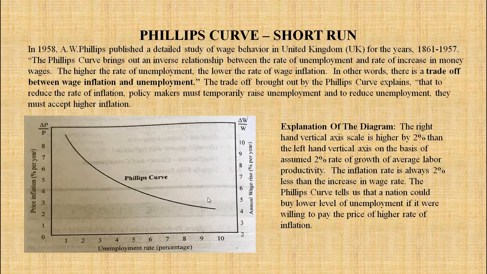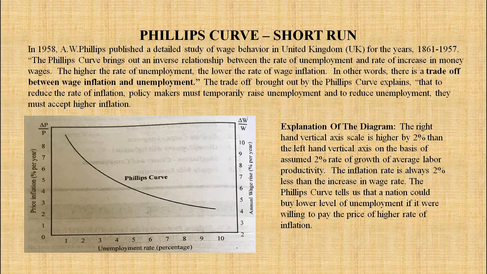The right-hand vertical axis scale is higher by 2% than the left-hand vertical axis, on the basis of an assumed 2% rate of growth of average labor productivity.